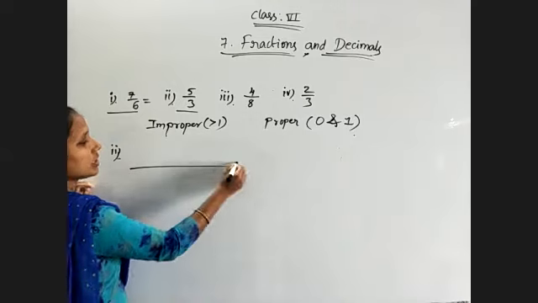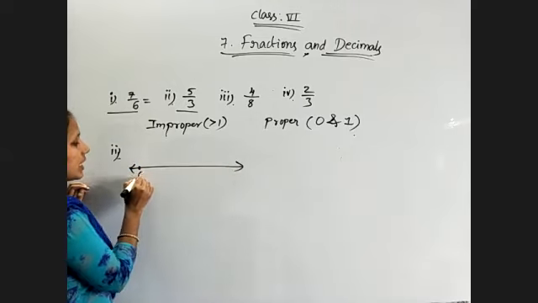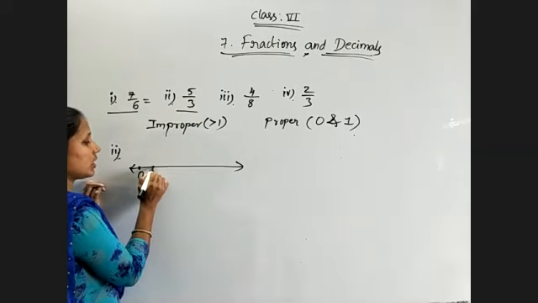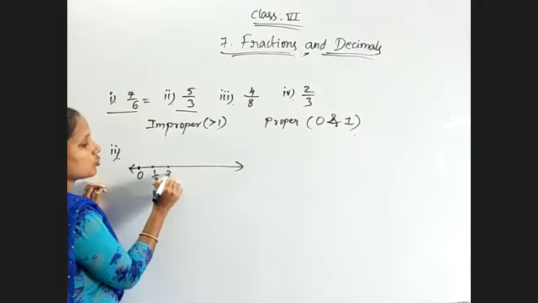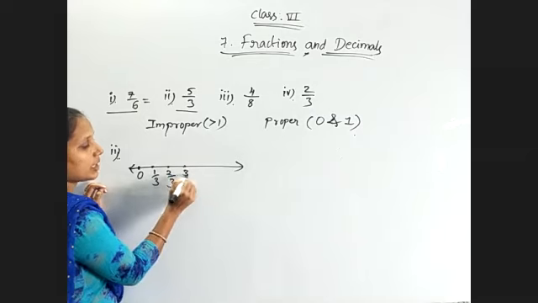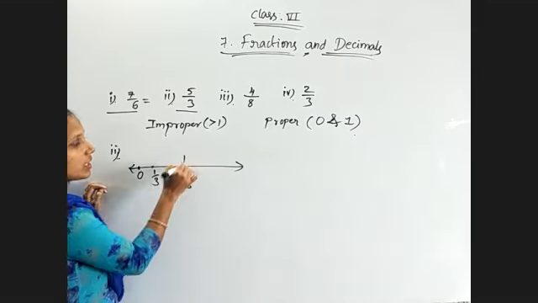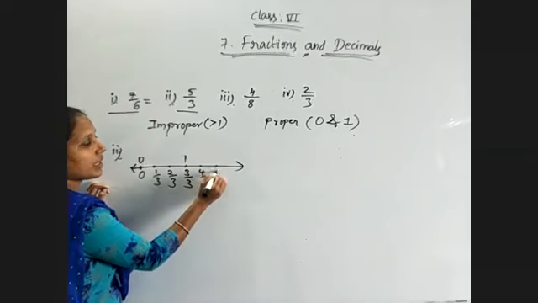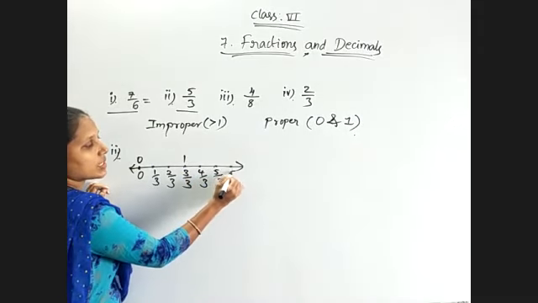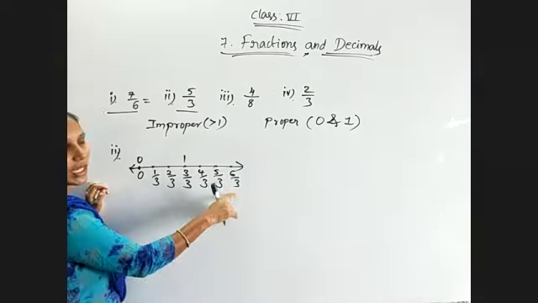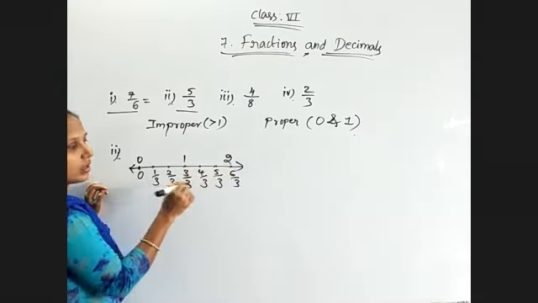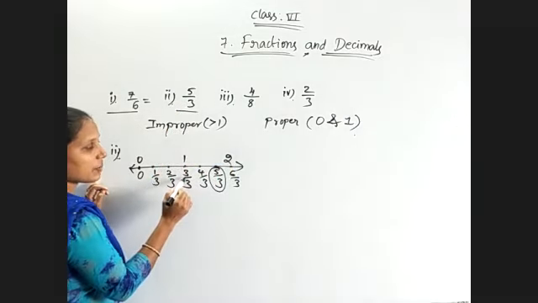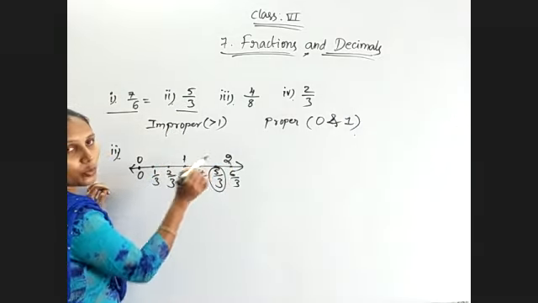Because the denominator is 3, we need to divide 0 to 1 into 3 equal parts. That is 1/3, 2/3, 3/3. 3/3 is nothing but 1. And then 4/3, 5/3. The next number is 6/3, which is nothing but 2, since 3 twos are 6. So 5/3 is the required value and it is lying between 1 and 2.